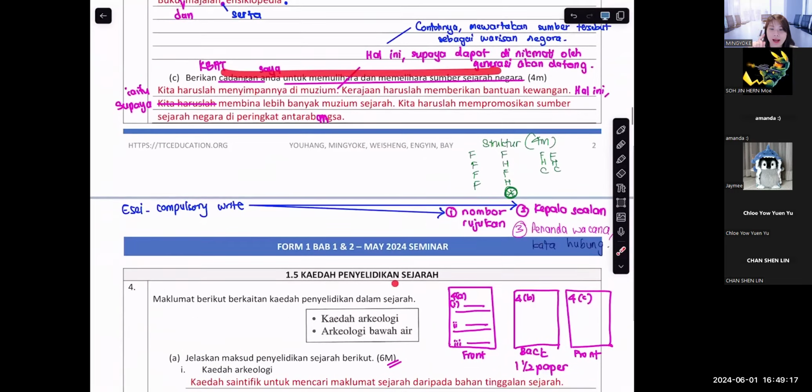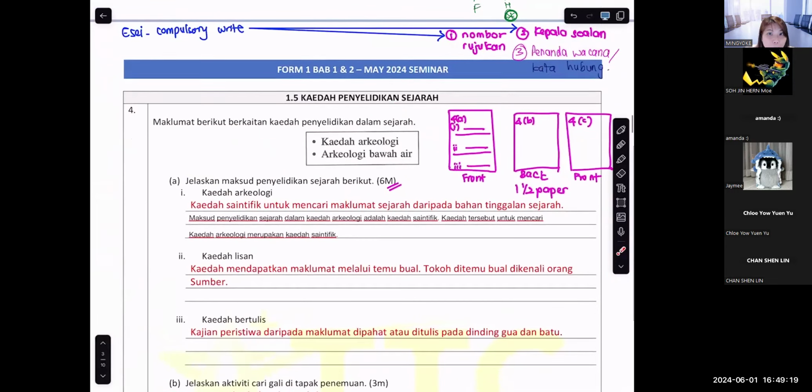Okay, now you see, very important. What is nombor rujukan? You know your question has 4A, 4B, or 1A, 1B, 1C, 2A, 2B, 2C, 3A, 3B, 3C, 4A, 4B, 4C, like that. So you need to write down the numbering. 4A, 4B, 4C. Understand?